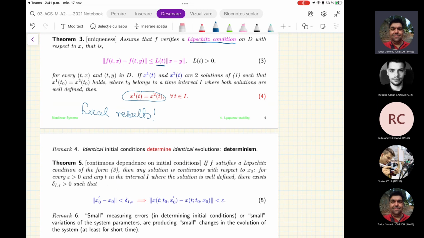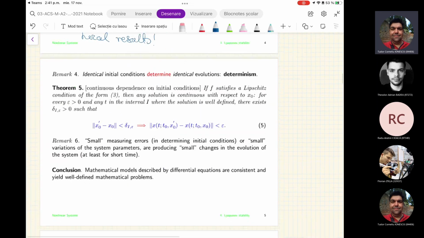That's what I kept saying. So the solution is deterministic, and if the solution is deterministic, then the evolution is unique.